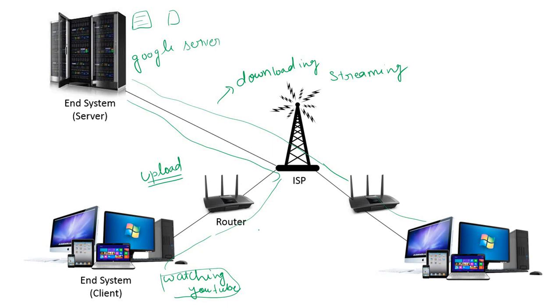Suppose you are sending a WhatsApp message, then what is happening? It starts from your mobile phone. Obviously your mobile phone is connected to the router. It goes to the router, and there will be some other server for WhatsApp, and the ISP will be connected to that WhatsApp server as well.